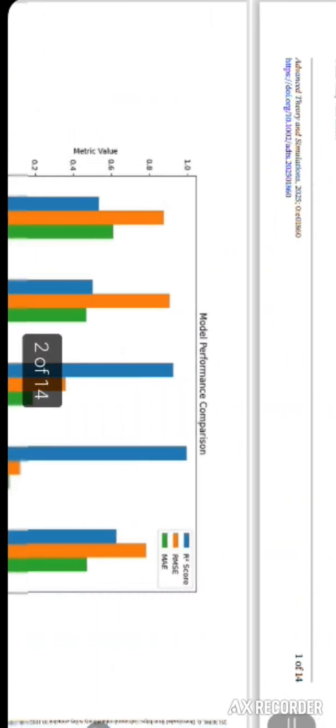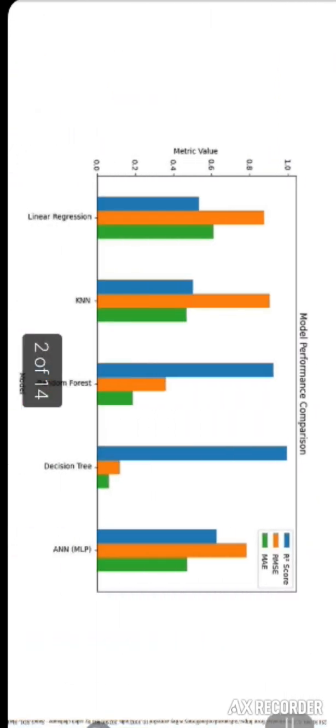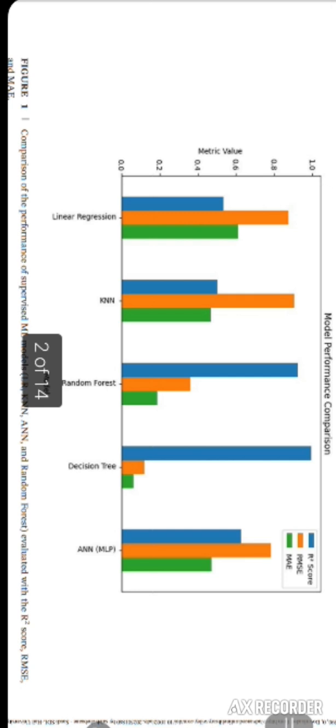Next, they first start with a plot of different types of machine learning to determine which machine learning model is the best to predict the efficiency of this solar cell.